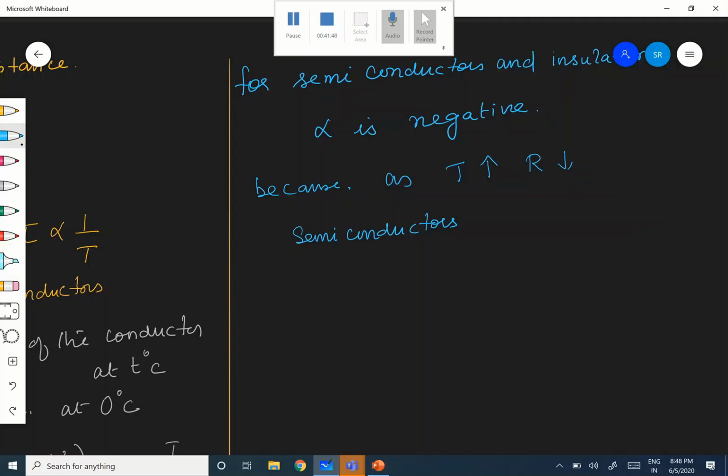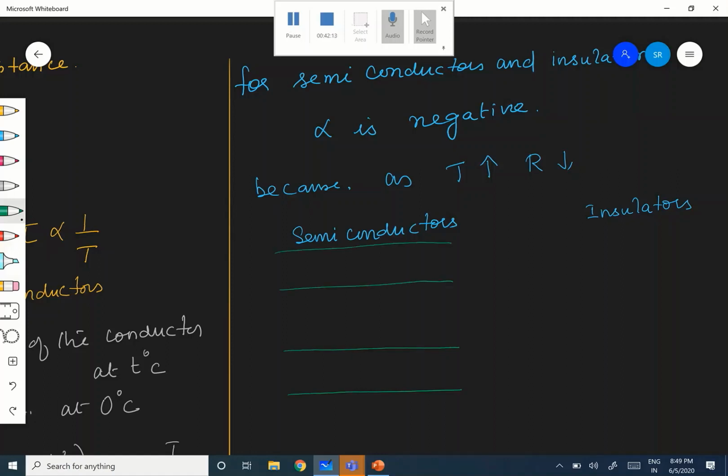I'll give you a slight picture of what a semiconductor and an insulator are. Only if you know that can you understand the concept here. In the case of a semiconductor, there are a valence band and a conduction band.